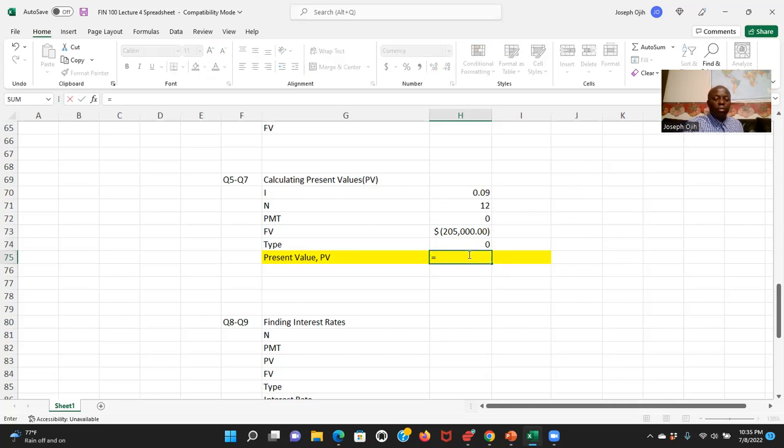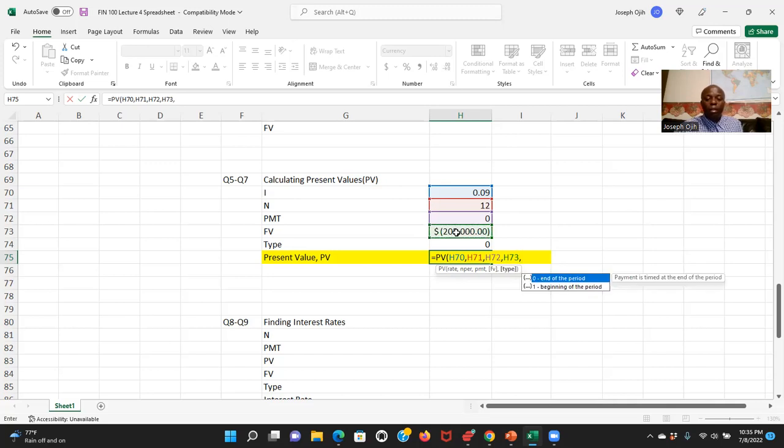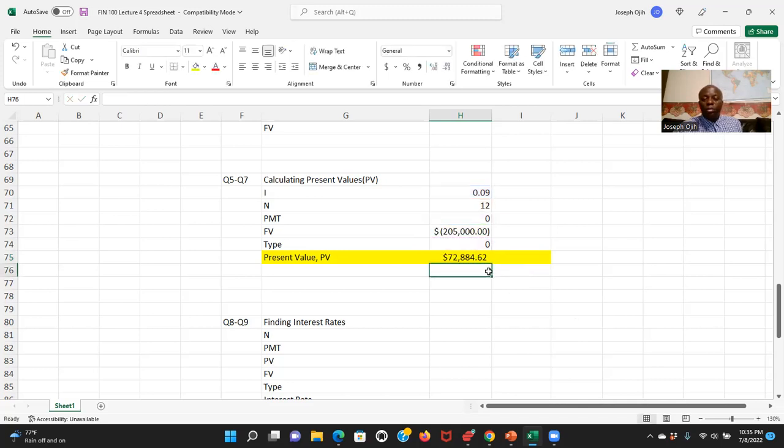Equals present value, opening parenthesis, for rate, click on this, comma, number of periods, click this, comma, payment, no payments, then future value, comma, 0 for at the end of the period, and the enter key. This is $72,884.62. You can see right here.